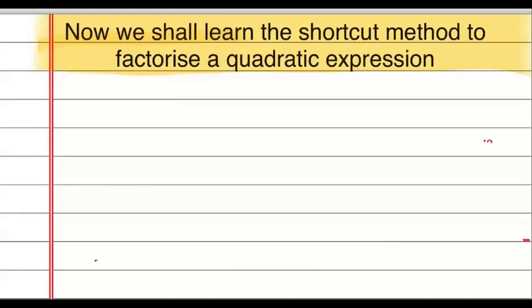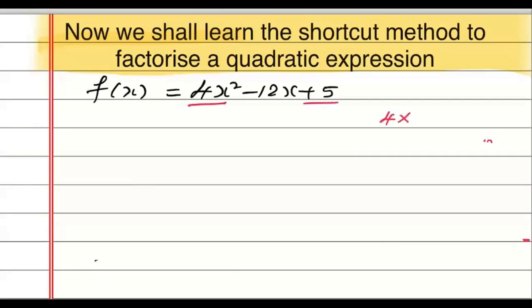In the second part of this lesson, we shall learn to factorize a quadratic expression with minimum steps. First, we shall consider f(x) equal to 4x² minus 12x plus 5. So first find the product of the coefficient of x² and the constant, 4 times 5, 20.